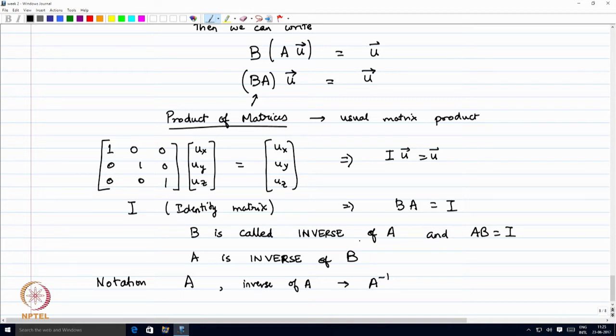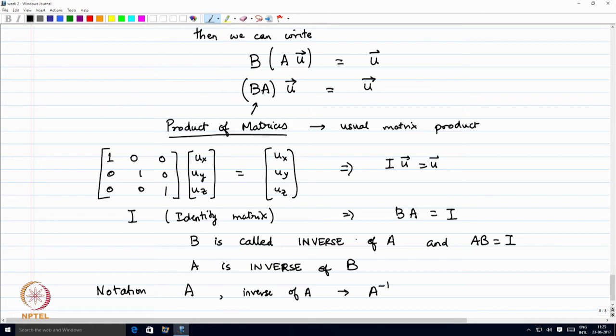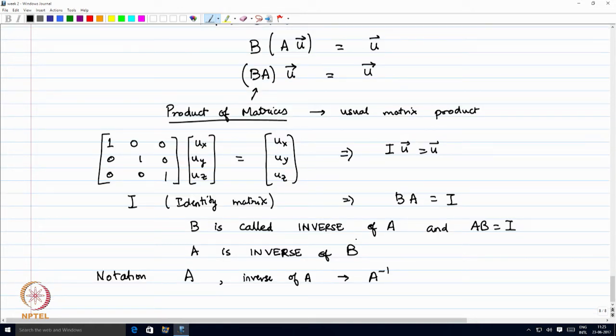Okay. So now we can go ahead and look at the orthogonal matrix. The orthogonal matrix has a very special property for the inverse. So if A is orthogonal, then what we said is that A operating on U gives me V, such that U and V have the same magnitude.